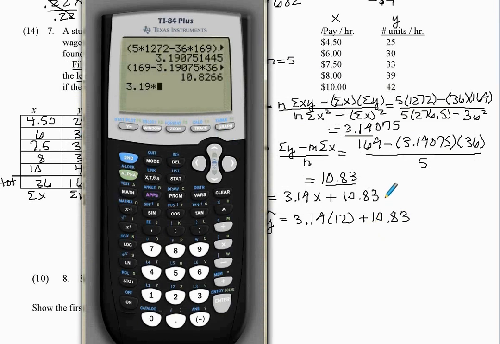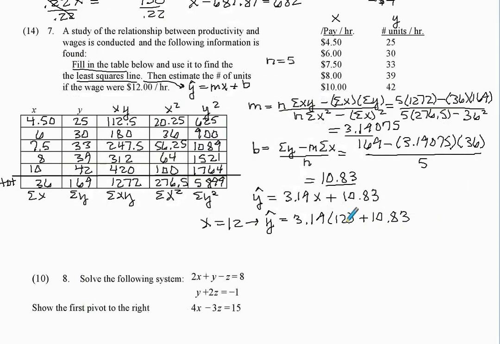That's 49.11, so it's approximately 49 units per hour, because remember, our y value is the number of units per hour.